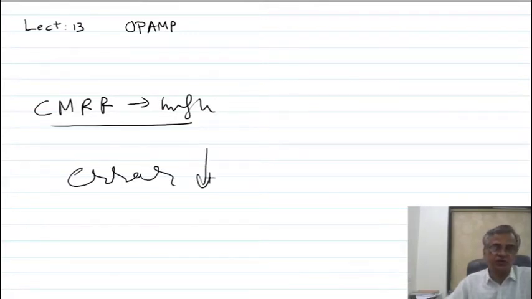Error is produced due to common mode signals. We will see some numericals. We will show that due to the common mode signal, error is introduced at the output, and we will also discuss that if the CMRR is large, then the percentage of error at the output is very low. Let us see such numericals.